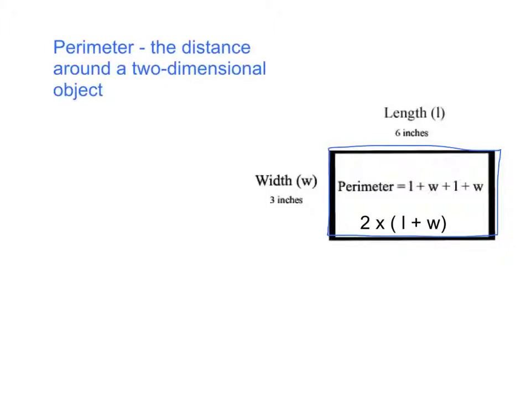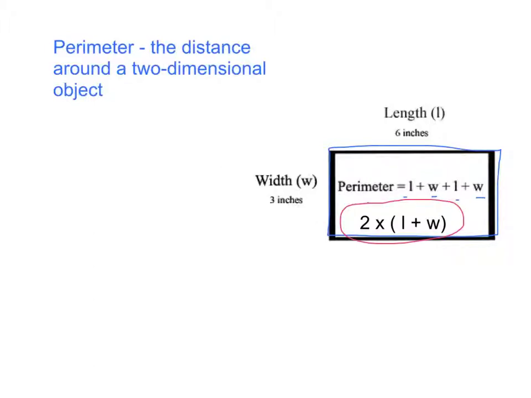So the formula inside of this box says that perimeter equals length plus width plus length plus width. Well, that's a pretty lengthy formula to have to write, and it might be a little bit easier and better understood if we use the formula here for perimeter, 2 times the length plus the width.